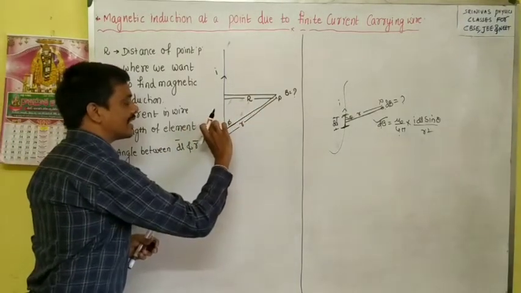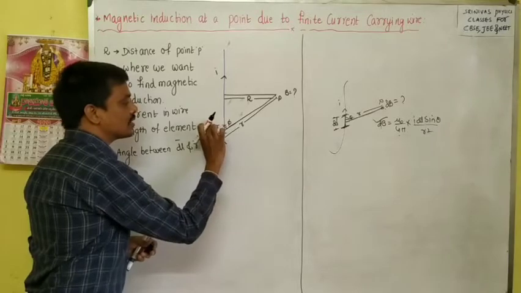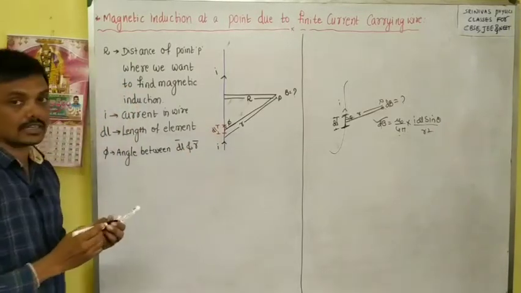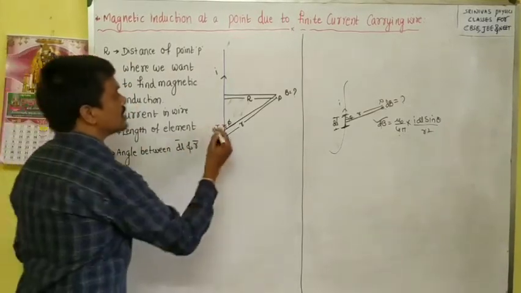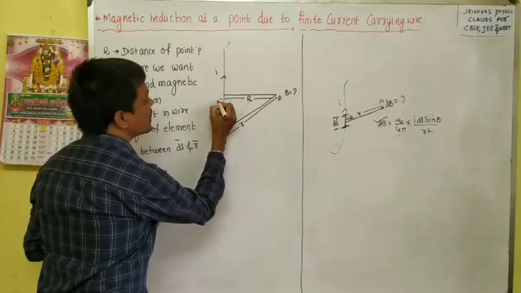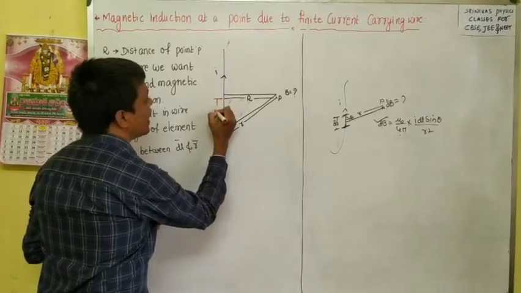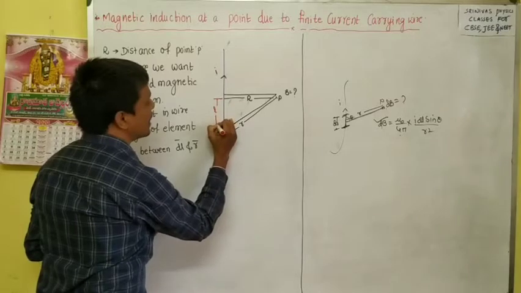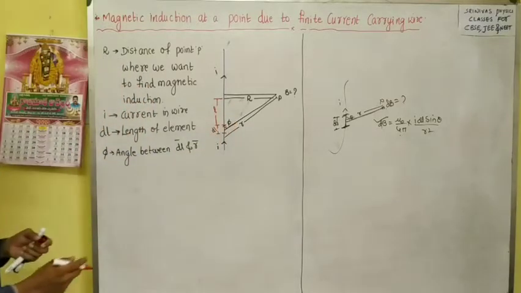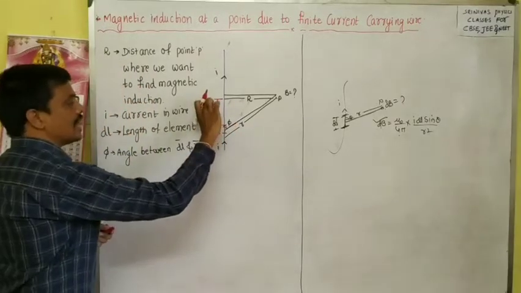Here this dl, the red colored one, is the length of the small element. And the length of the wire from the center to the element, I will take as L. This is dl, and this is L.